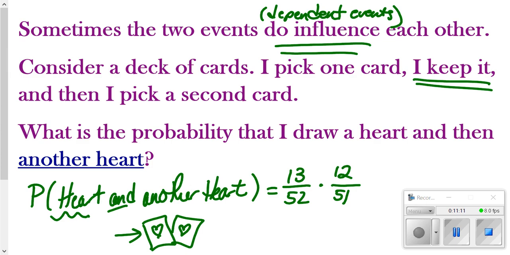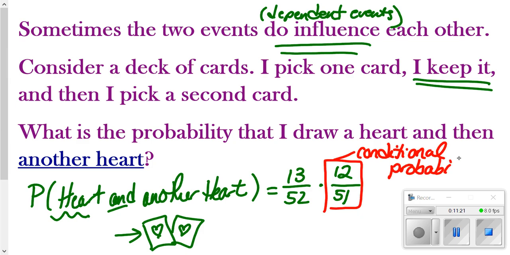So this second piece is what we call a conditional probability. In this particular problem, the thing that I put red around is the probability of drawing a heart on the condition that the first card was already a heart.